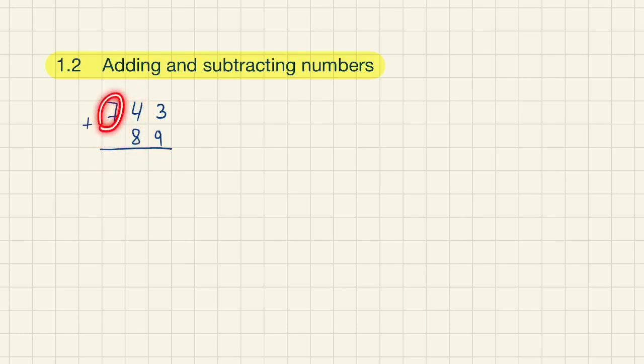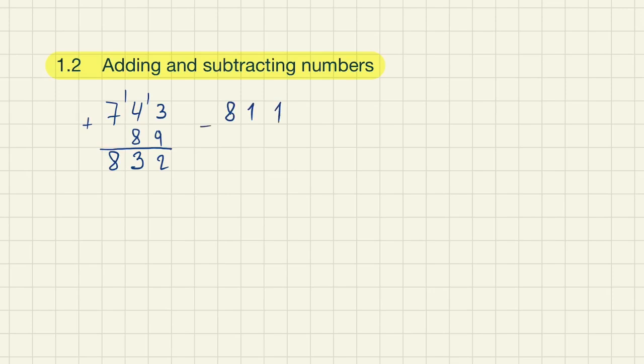We have only 100, so we don't have to write anything here. We have 700. So we go 3 plus 9, which is 12. We write 2, we keep 1. 4 plus 8, again, is 12. And then we have one more, which makes it 13. And we keep 1. 7 plus nothing is 7, and then plus 1 is 8. So we get 832.